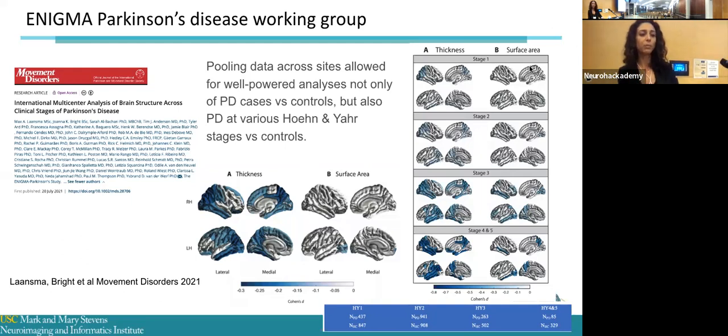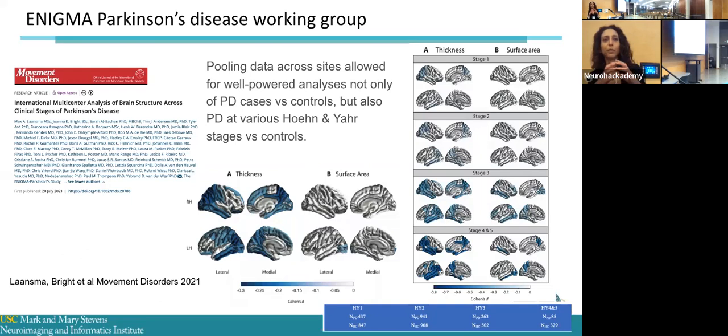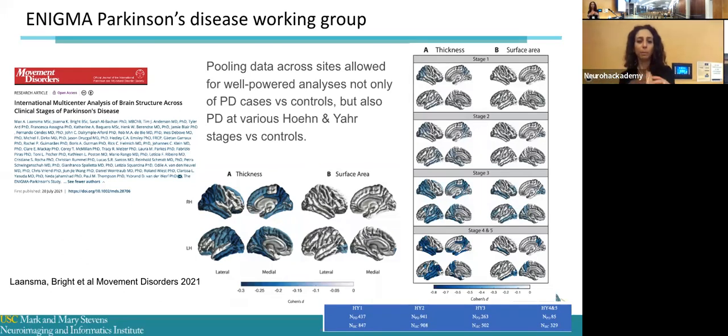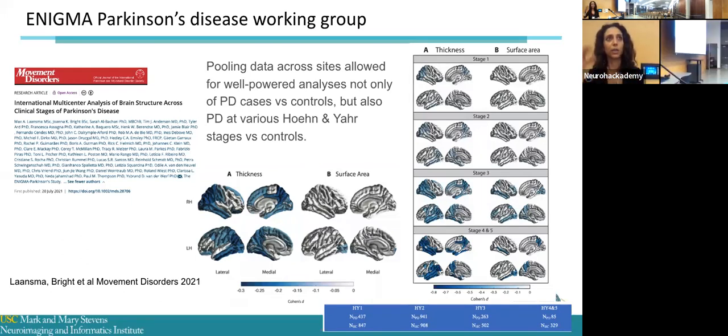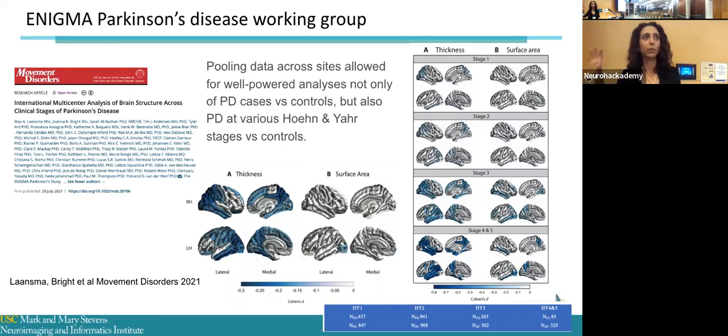For example, in our Parkinson's disease working group, we're not only able to look at case control effects across these studies, but after we make adjustments for site, we can also pull together people at different stages of the disorder and really try and look at the progression of changes in neuroimaging signatures across these disease stages for severity.